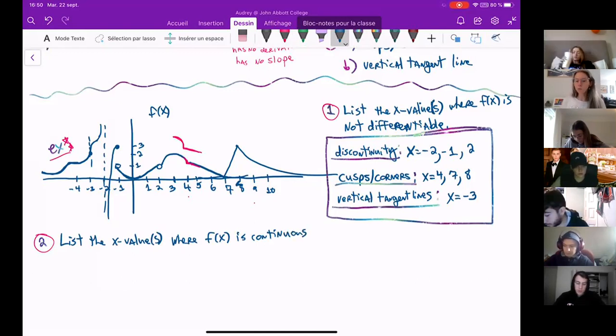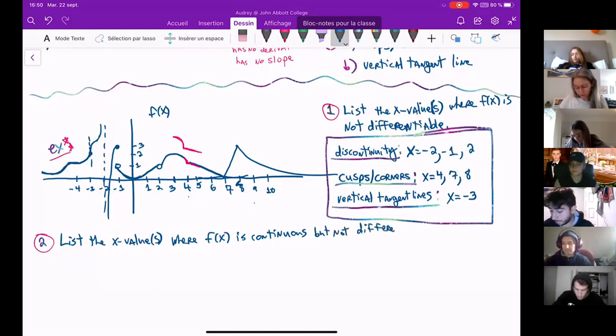And so that's one of the reasons that if you're asked that, it's really useful to separate them, because usually you're then also asked this question, but not differentiable. And so if you're also asked this question, you don't have to redo any work. You don't have to think about it. You already have the answers. That's going to be the cusps and corners and the vertical tangent line.